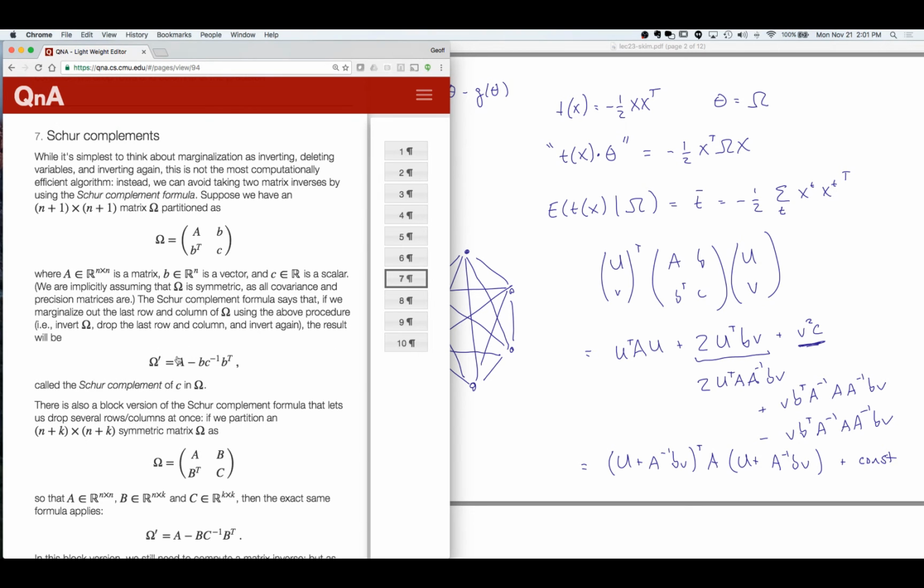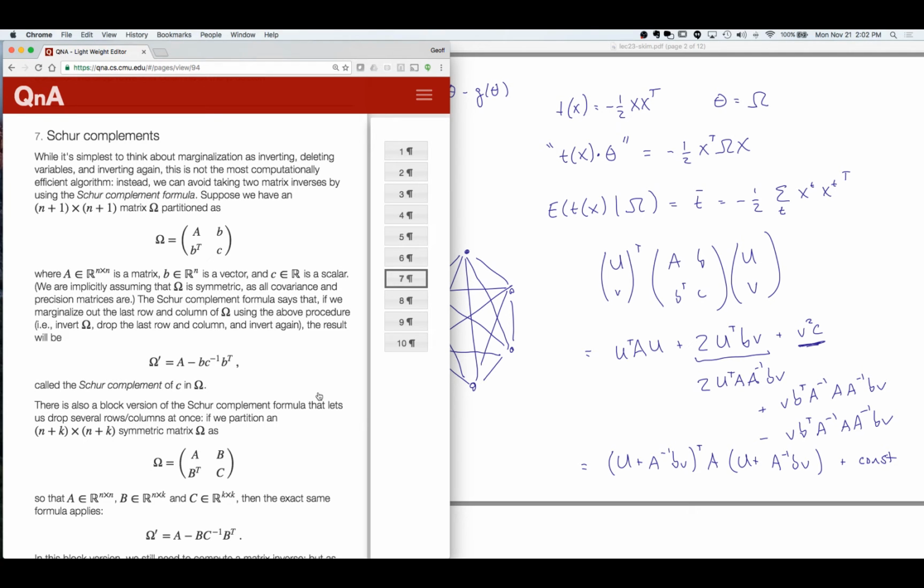Basically, the resulting omega prime is just this block minus B C inverse B transpose. Right? And this expression here is called the Schur complement of C in this matrix omega, named after the guy who discovered it. And doing marginalization this way, we only have to compute 1 over a scalar instead of inverting a matrix of size approximately n twice.